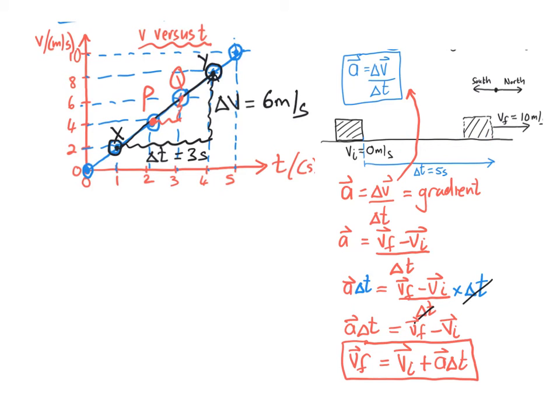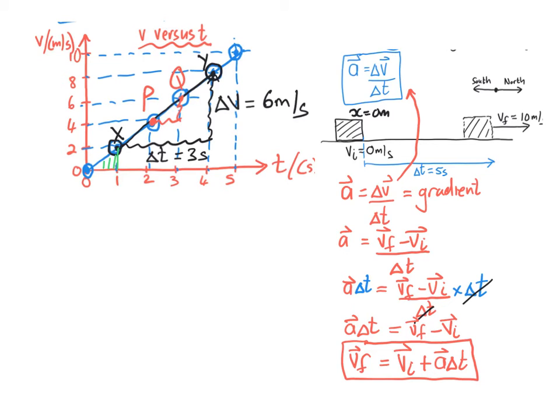And what we're going to do is determine how far the object is from its original position, where if we call this original position x equals 0 meters, we are going to consider how many meters from that position the object is at 1 second, 2 seconds, 3 seconds, 4 seconds, 5 seconds. We're going to do this by looking at the area under the velocity time graph.